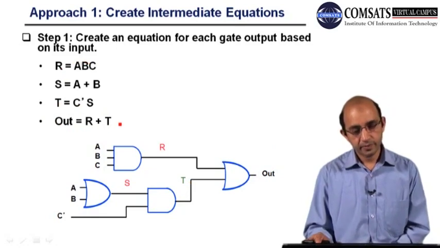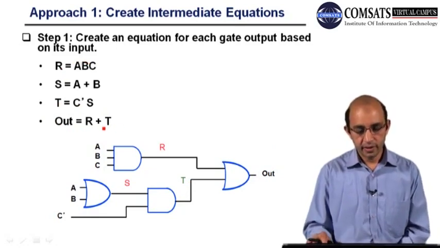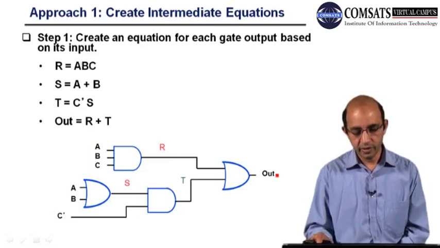So we will be going in a sequence. We start from here and then we calculate R, then we compute S, and then we compute T, and then finally we reach the output.